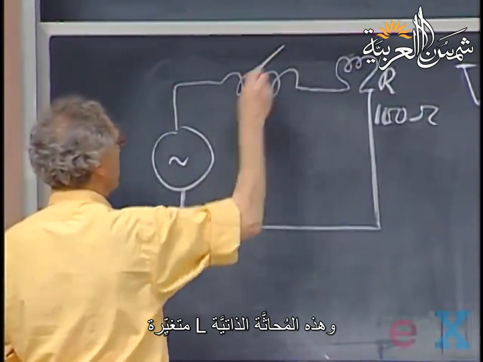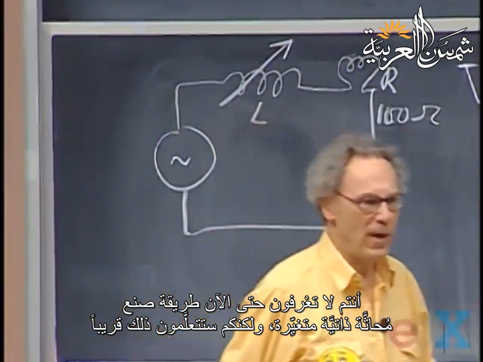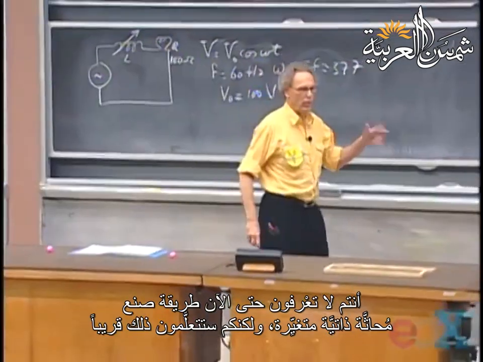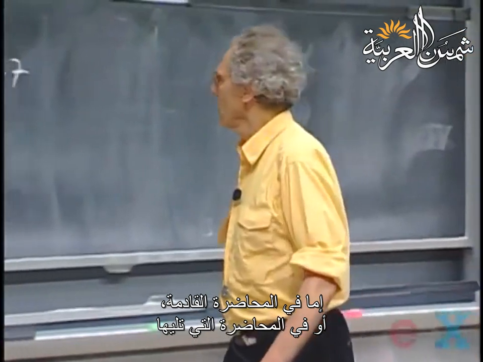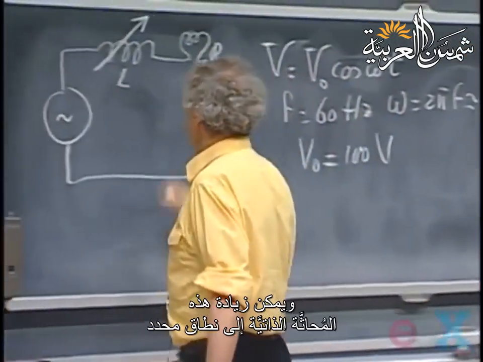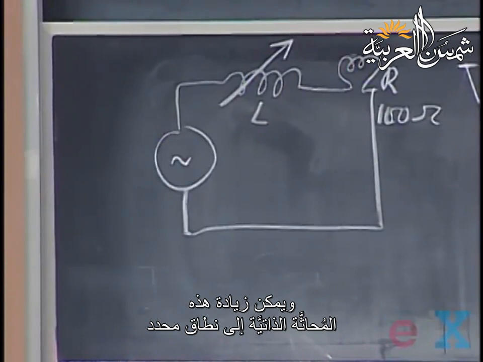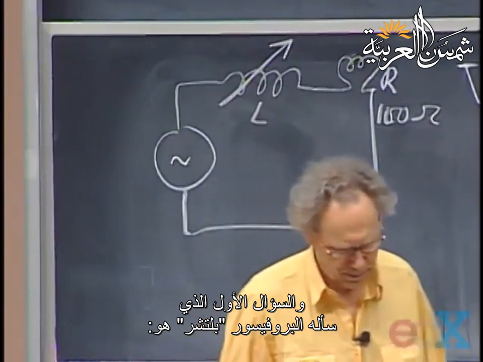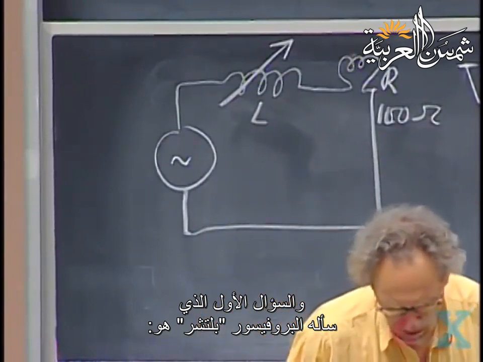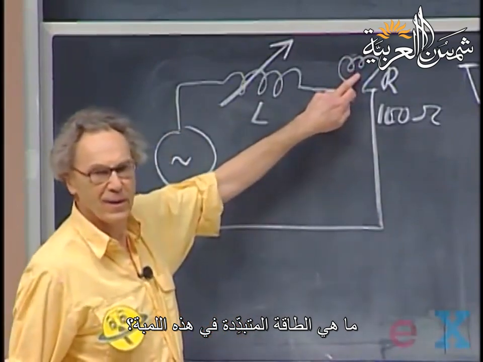And this self-inductor is variable. We don't know yet how you make a variable self-inductor, but we will learn that very shortly, either Friday or next week, I forgot. The self-inductance can be increased over a certain range. And the first question that Professor Belcher is asking is, what is the energy dissipation in this light bulb?